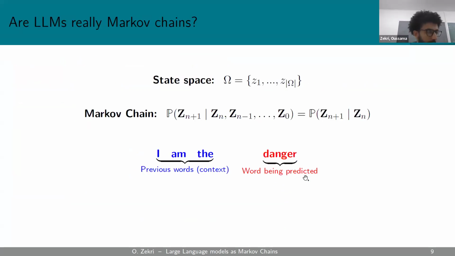But now we can try to answer the question: are LLMs Markov chains? If we take our previous example, you want to predict the word danger with this context. Does the prediction of the word danger depend only on the previous word?